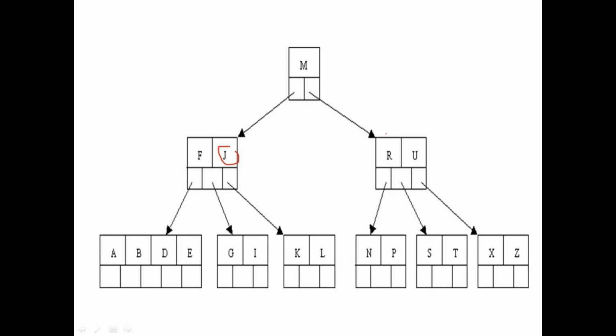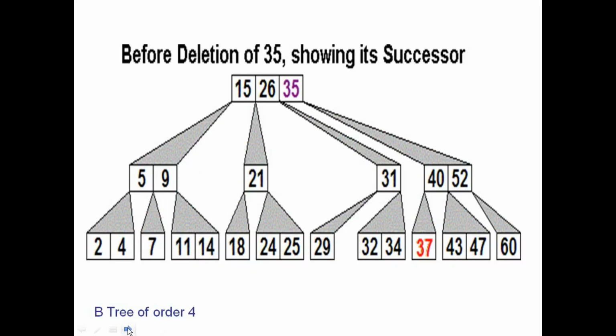J comes here, M goes there. It is not underflow. Leaves are at the proper places. This is the tree created.